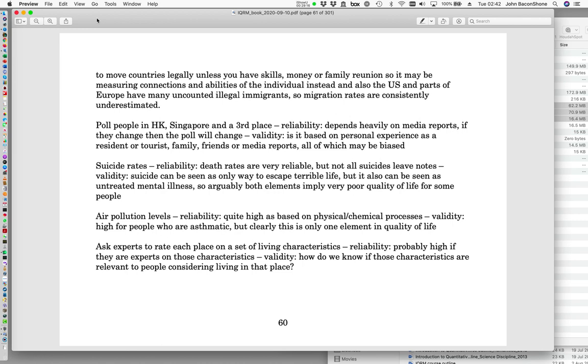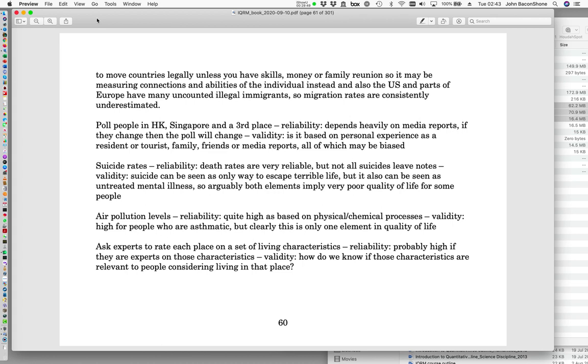All of these are based on quote-unquote experts who are rating a place on a series of living characteristics or other characteristics. So the reliability should be quite high if these indeed are experts on those characteristics. And indeed, we can check, do the different experts rate these cities in a similar way on the different characteristics? If they don't, then that clearly calls into question the information they have, or whether they are all truly experts.